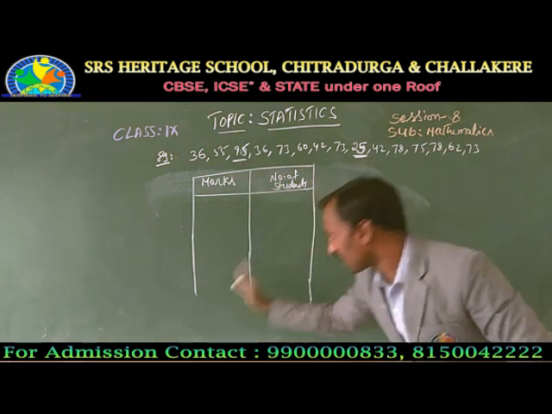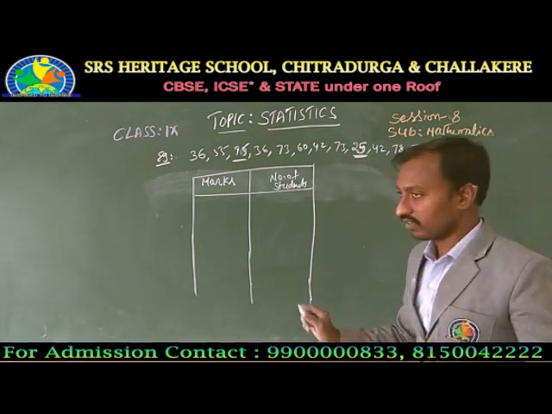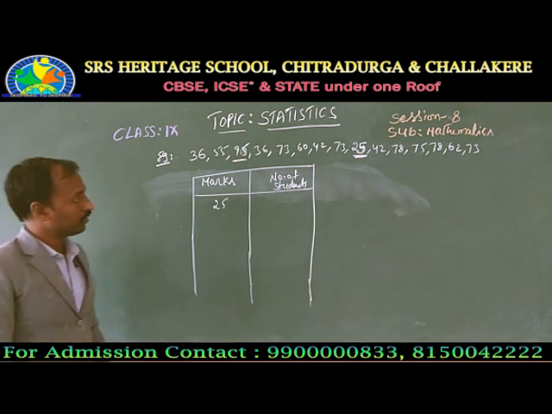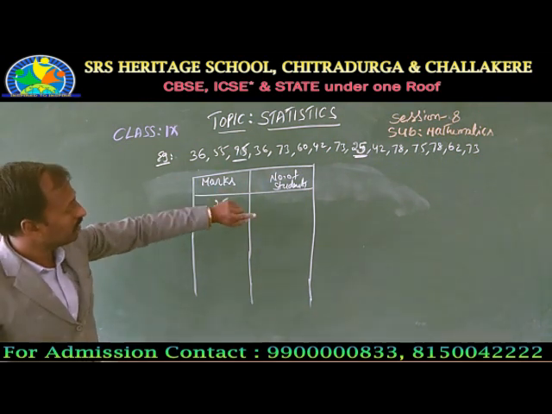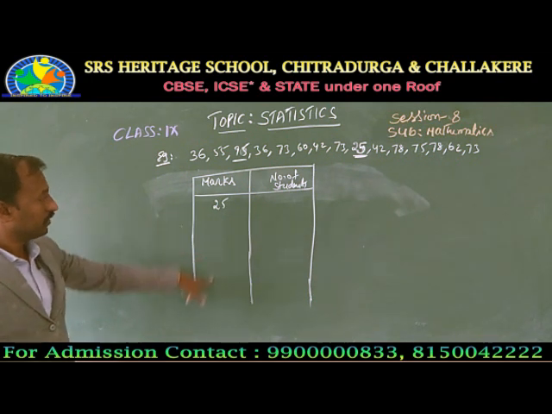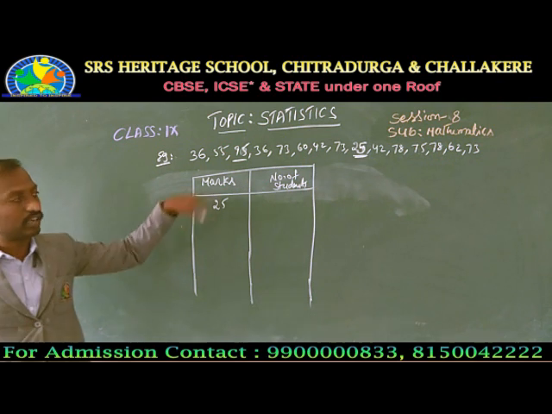All those different numbers have to be written here. Find out what the different numbers are here. 25, 1. Tell me the marks first, then I'll come to the frequency. I will just count and write.